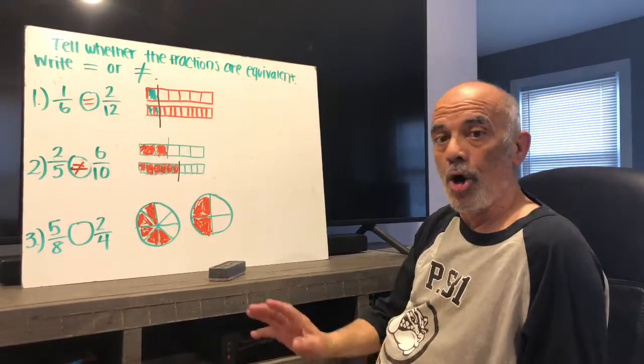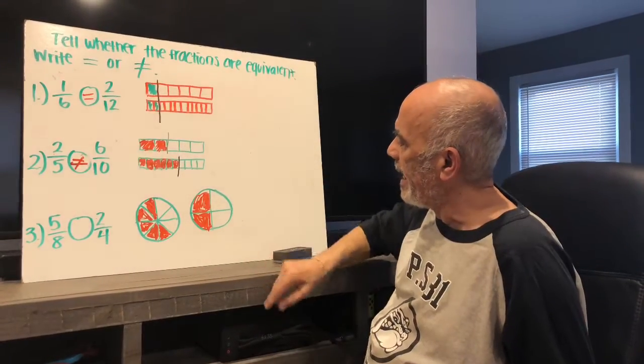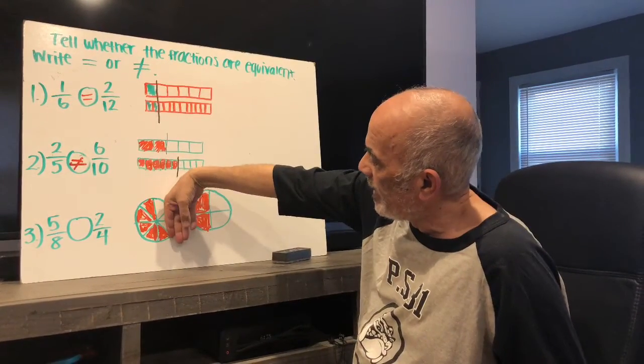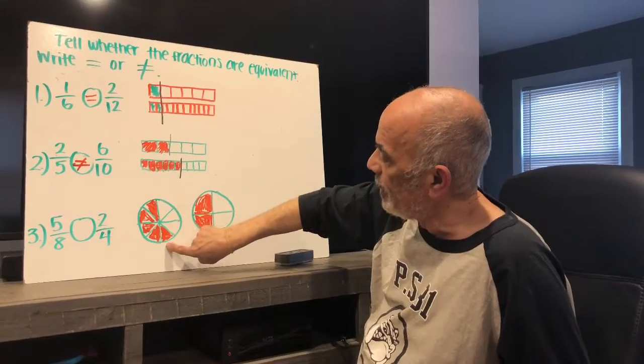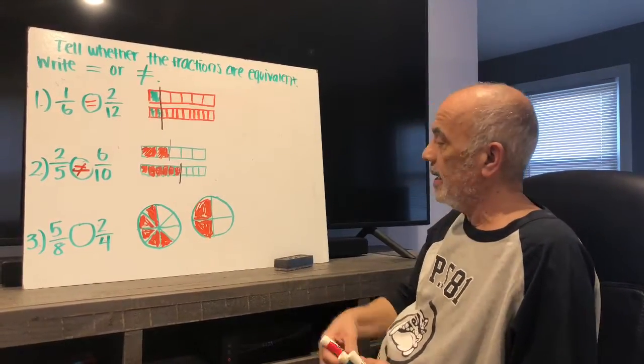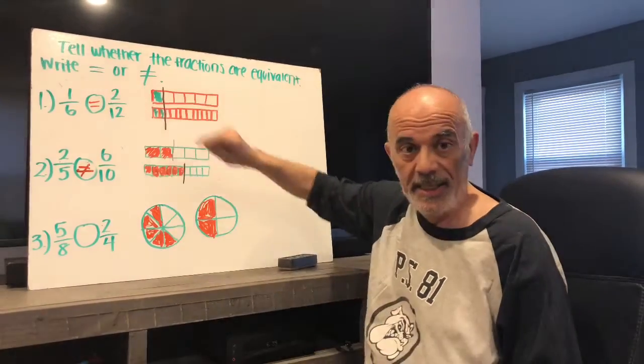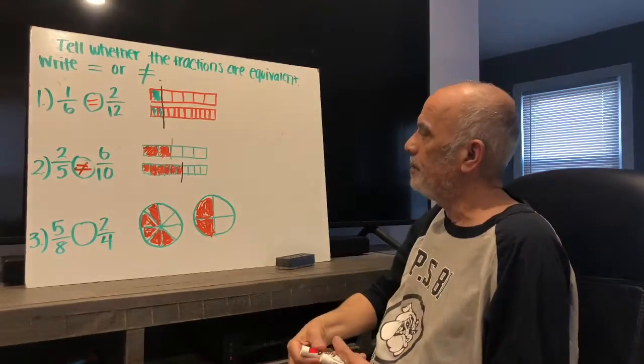This may be a little harder to see, but we can see that straight down is at 2/4. Straight down here, we still have a little bit more. So 5/8 and 2/4 are not equal. Not equal.